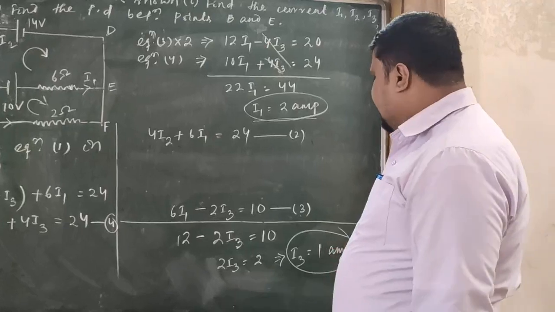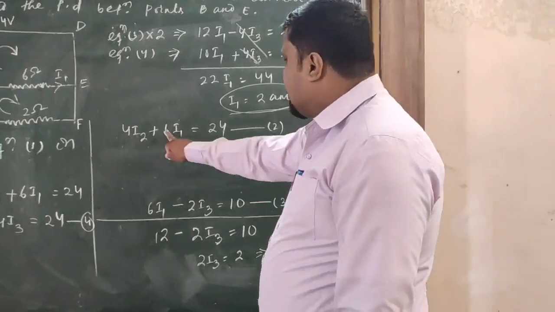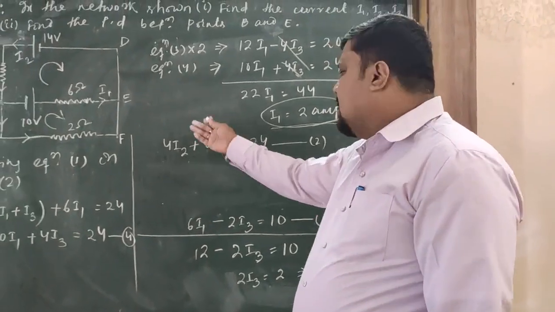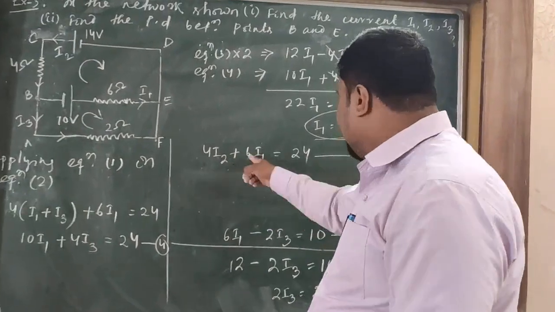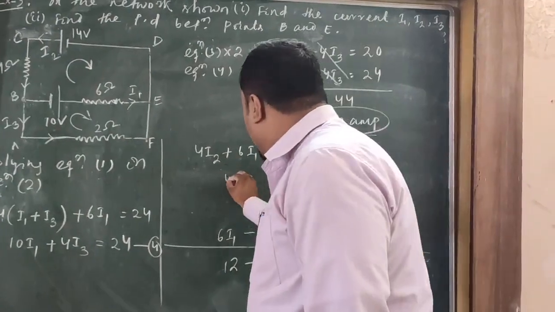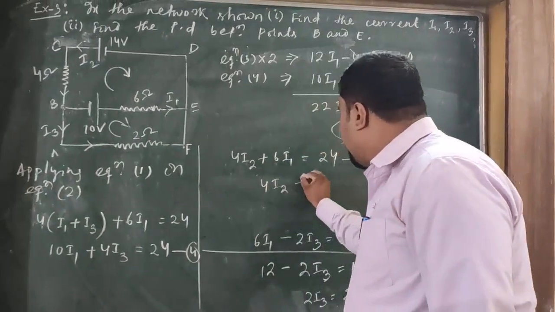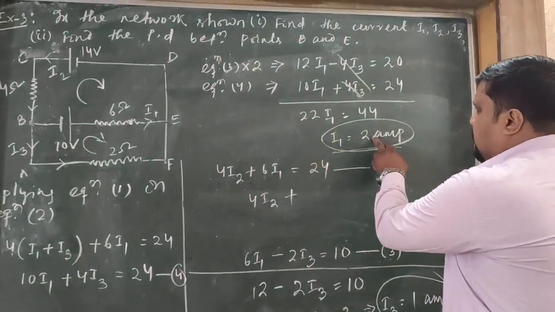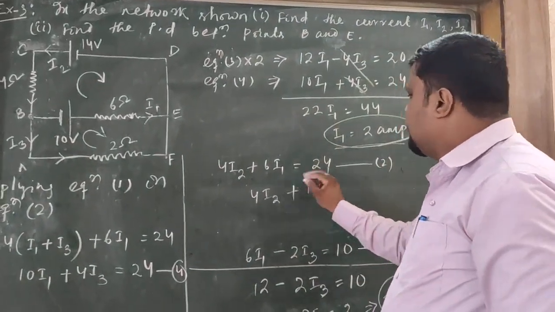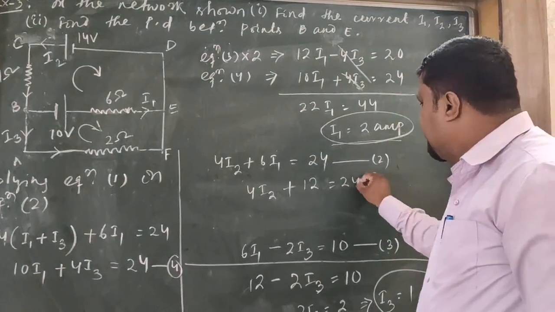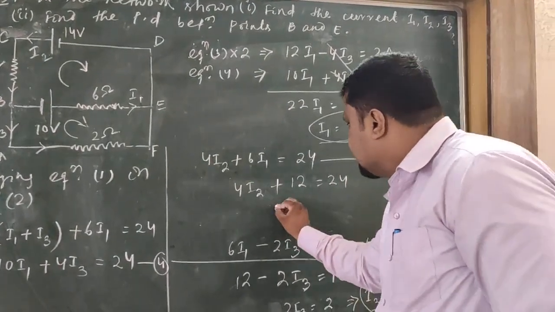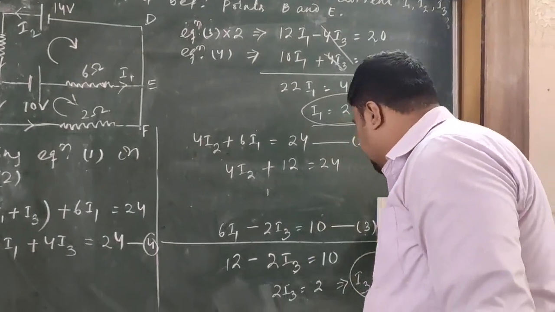After getting this I3, you put it in any expression for I2. So I can apply it here: 4 I2 plus 6 into 2, 12, is equal to 24.